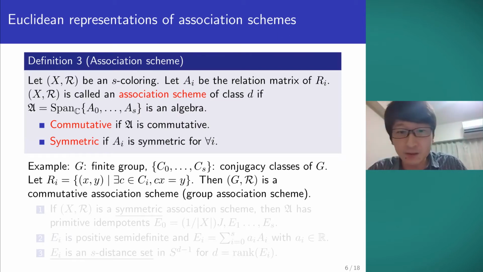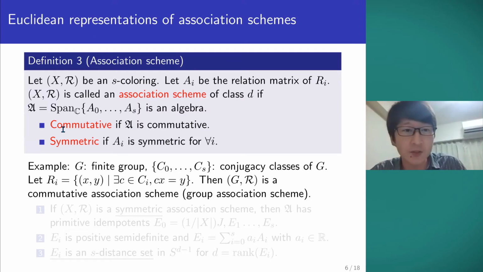In particular, an association scheme is a very good S-coloring. For an S-coloring (X, R), let A_i be the relation matrix of R_i, and the coloring is called an association scheme of class d if the algebra spanned by the A_i over the complex numbers is an algebra.